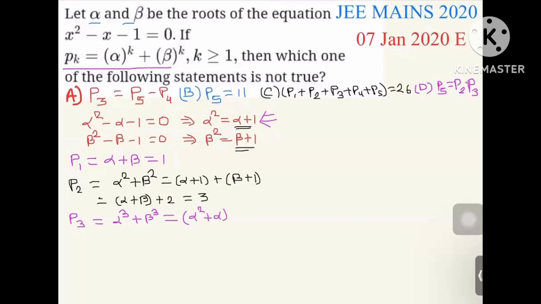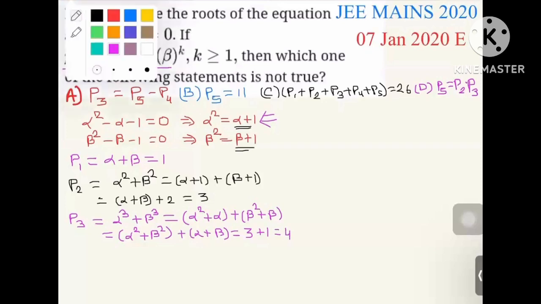Similarly, beta cube we will get beta square plus beta. So we can write it as alpha square plus beta square plus alpha plus beta. We know alpha square plus beta square, that is P2, it is 3. And we know P1, which is alpha plus beta, 1. So your P3 is equal to 4.